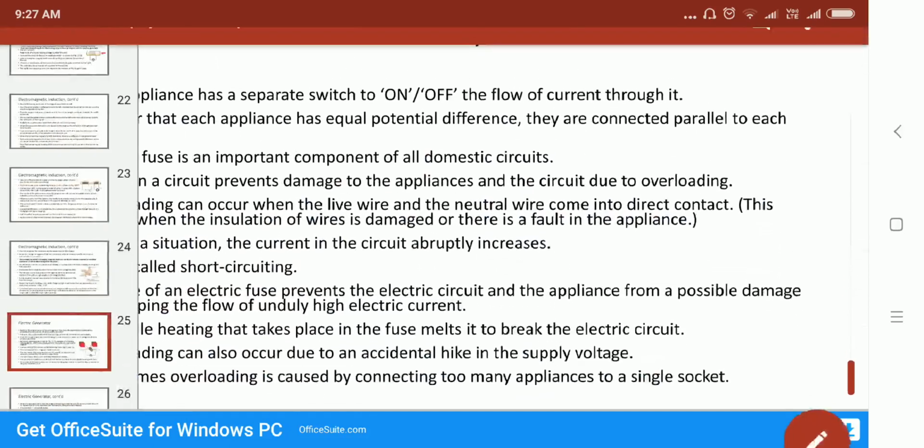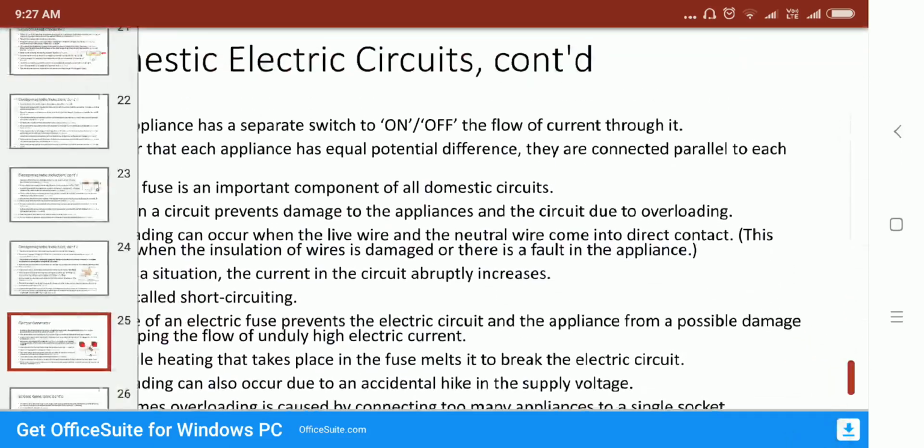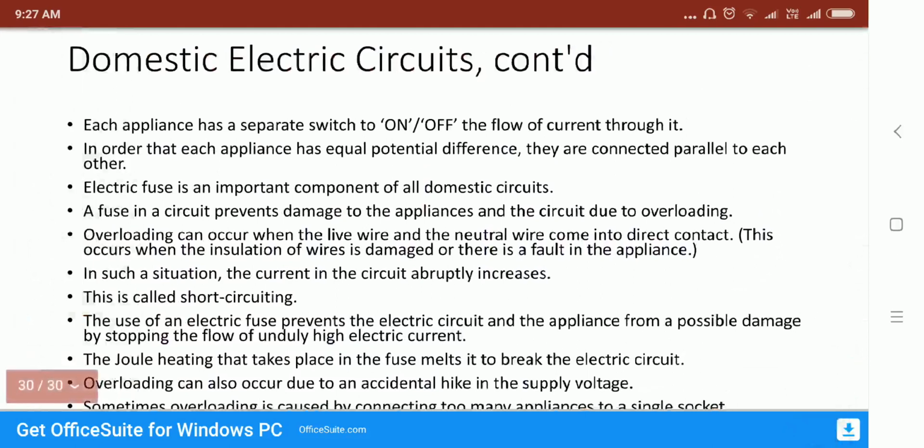Each appliance has a separate on-off switch to flow the current through it. In order to get each appliance with equal potential, each appliance is connected in parallel to each other.